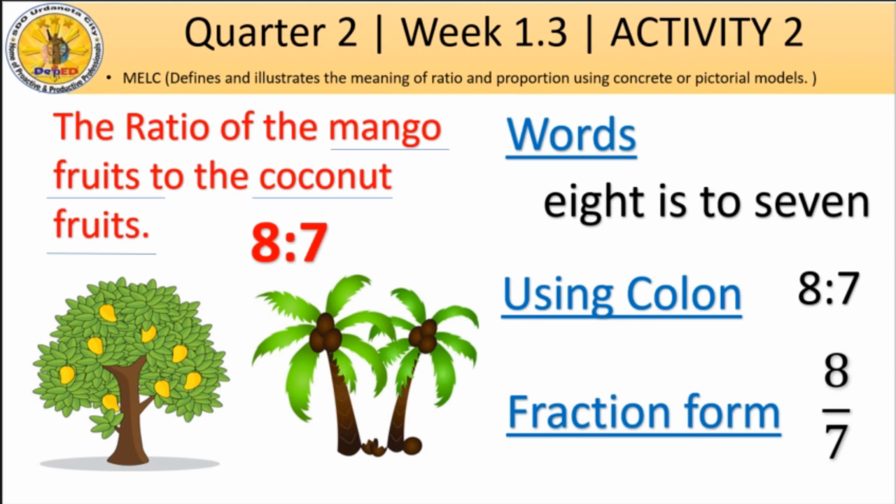Based on our problem, 8 is the number of mango fruits and 7 is the number of coconut fruits. So our ratio will be 8 is to 7. And these are the different ways to write a ratio: through words, using the punctuation mark colon, and in fraction form.